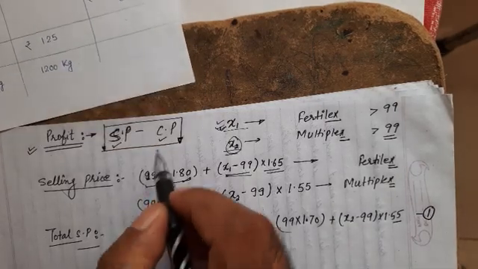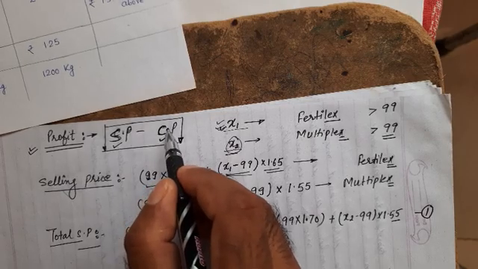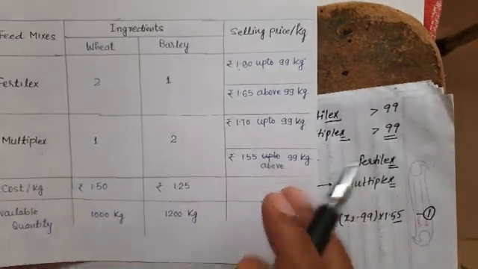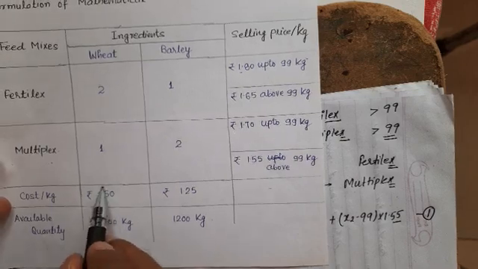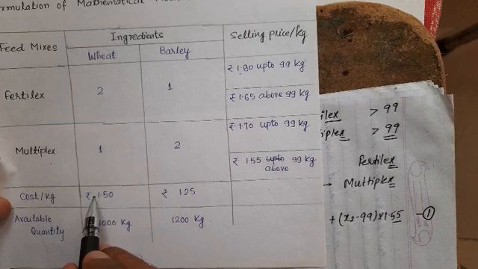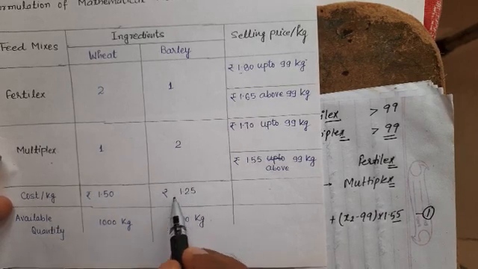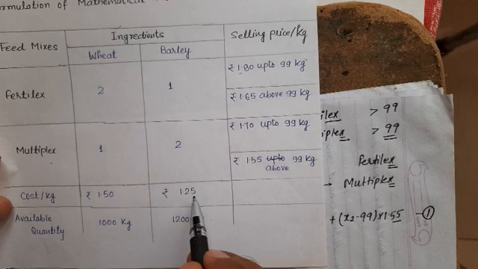Now second, find out the cost price. For finding cost price, it is already given: the cost of 1 kg of wheat is 1.50 and barley is 1.25.